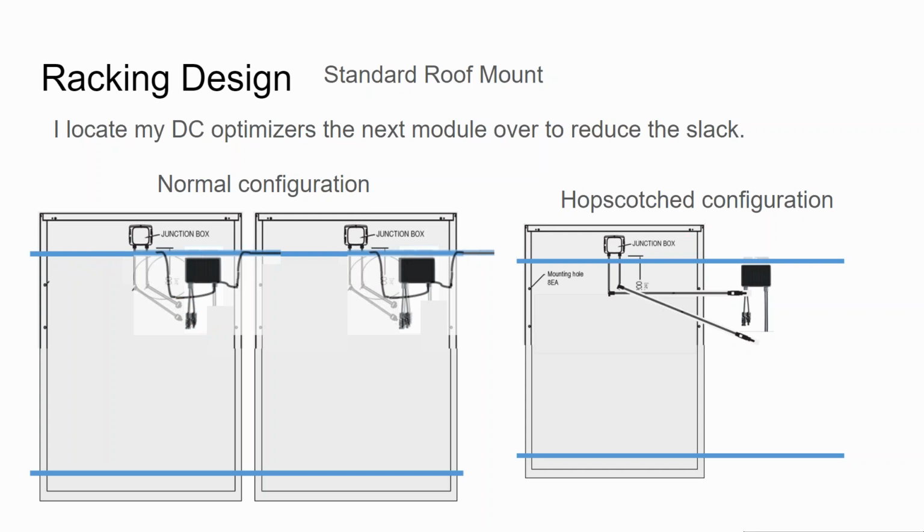So what I started to do is say, well, why can't I just put this DC optimizer box a little bit over and cover it up with the next adjacent module? I call this hopscotching, and I came up with it. I don't know of any other installers who do that other than the ones that I've told about it, and they seem to love it too, especially with the SolarEdge system.